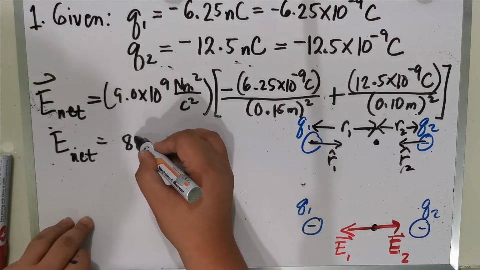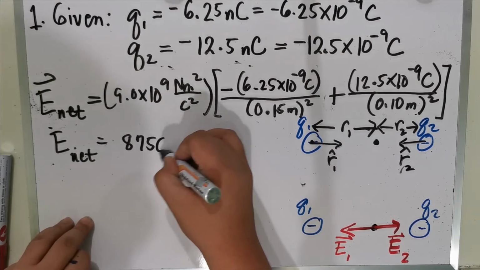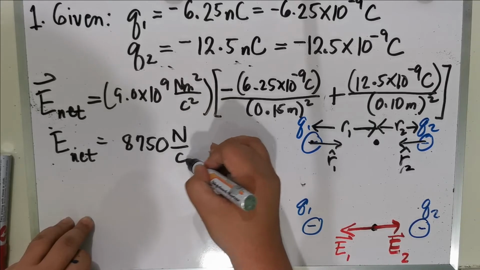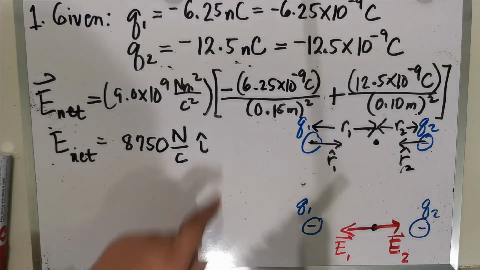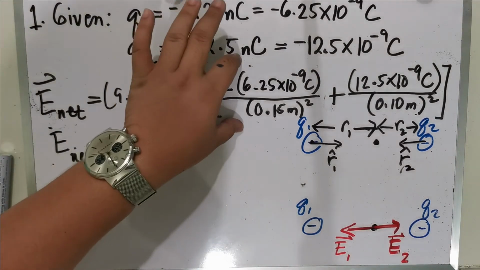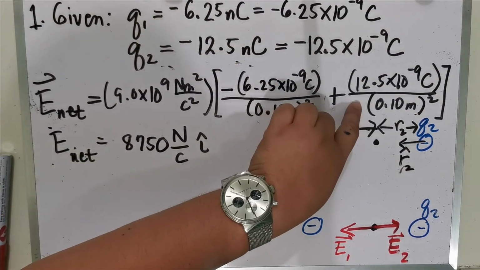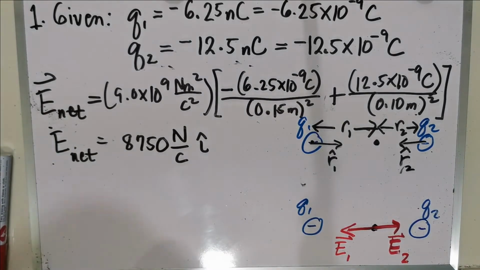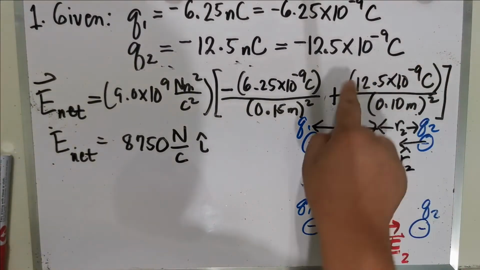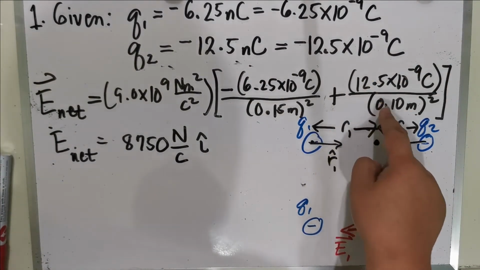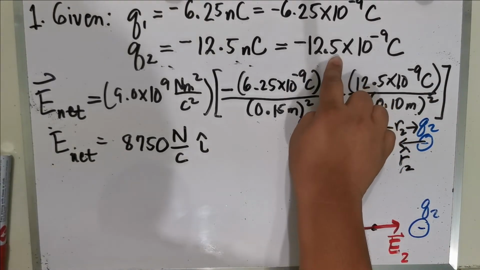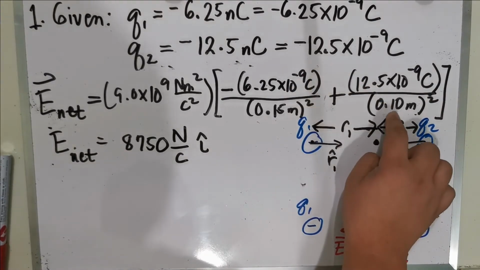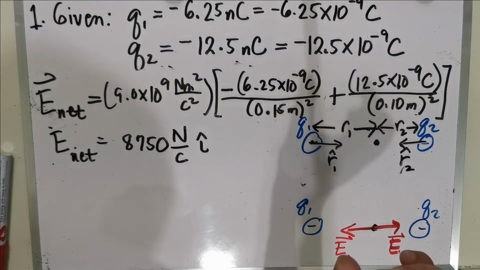So you have 8,750 Newton per Coulomb I hat. So which means to say, kung tanaw na to ang equation, diba, you have a negative here. The answer sa first term, this is negative. Second term is positive. So obviously, mas dako og effect ning imong 12.5 times 10 to the negative 9 Coulomb, aside sa tungod kay dako siya og charge, but also tungod kay mas closer siya sa field point.